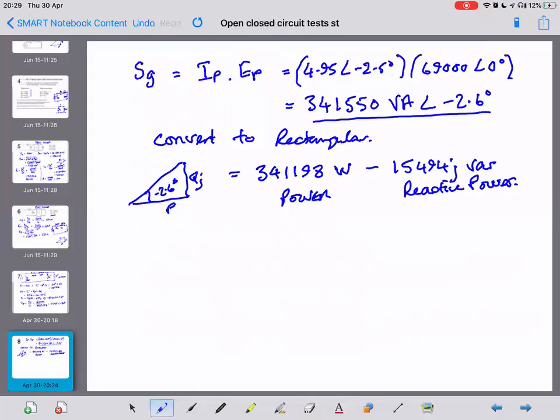Then you can do I secondary times E secondary to give you S secondary, and then get the power out of it by converting to rectangular form. But we'll start next week's session by going through the solution to that problem. All right?